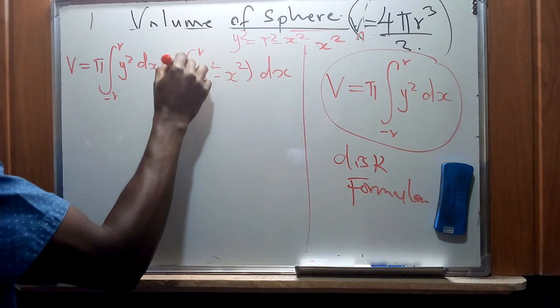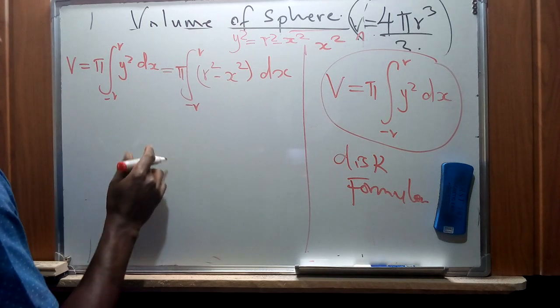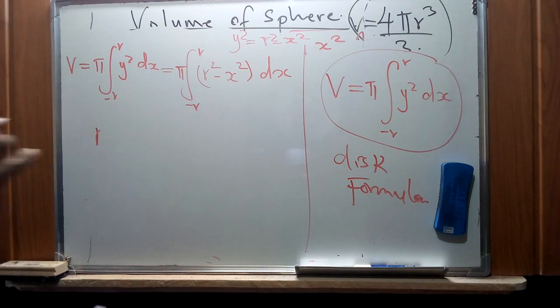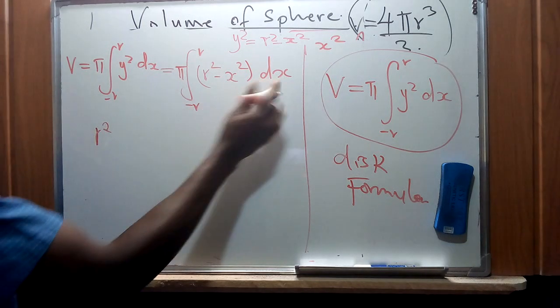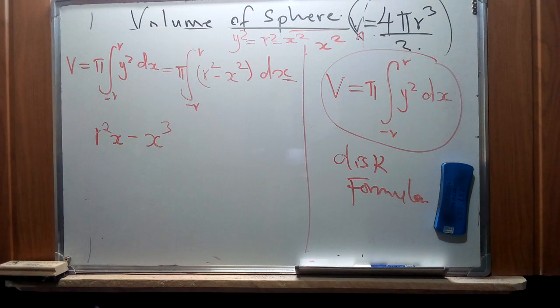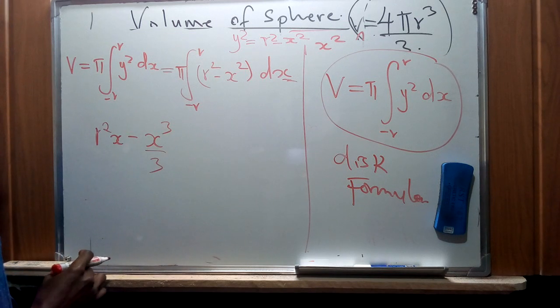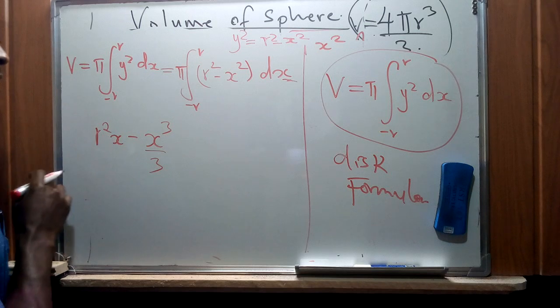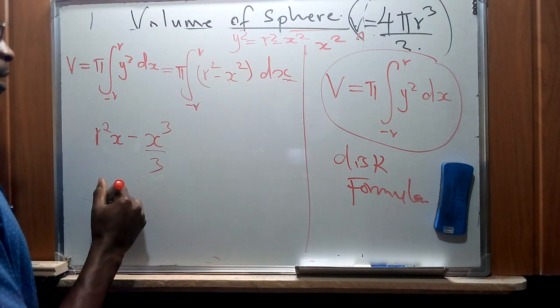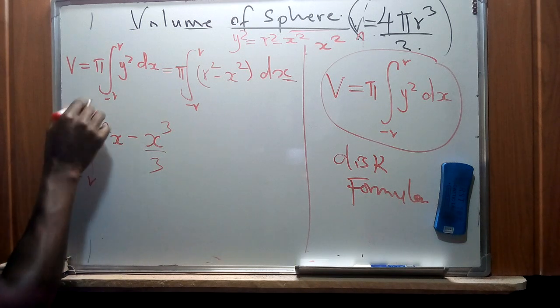Integrating with respect to x, we get r squared x minus x cubed over 3, evaluated from negative r to r.